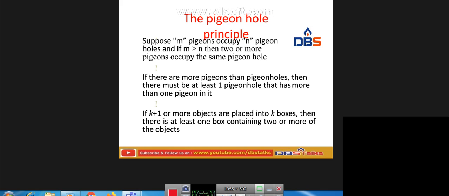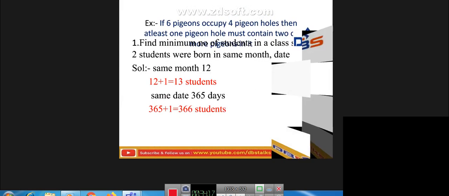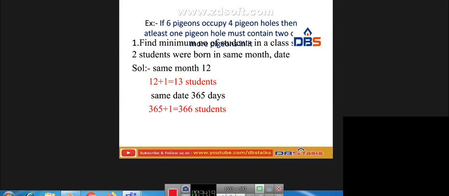Pigeonhole principle: if k plus 1 or more objects are placed into k boxes, then there is at least one box containing two or more objects. For example, if 6 pigeons occupy 4 pigeonholes, then at least one pigeonhole must contain 2 pigeons.